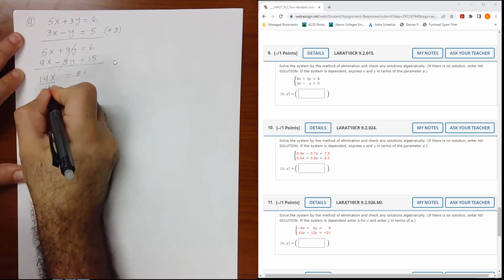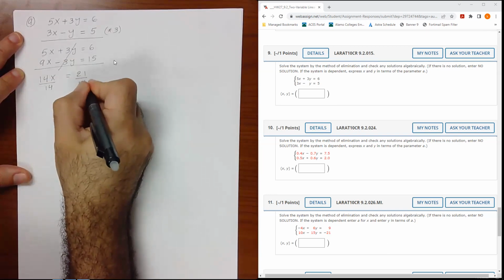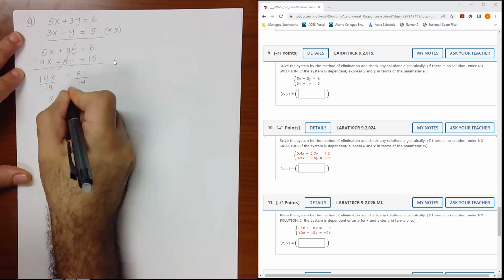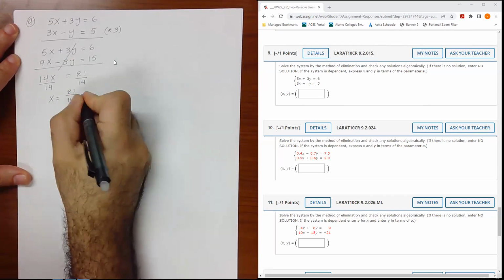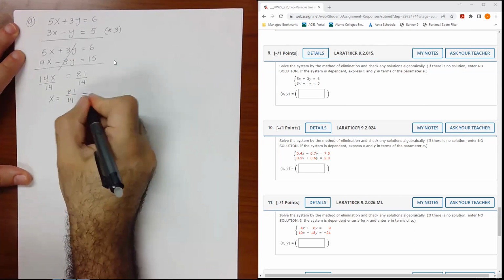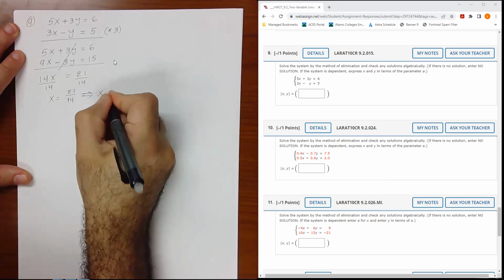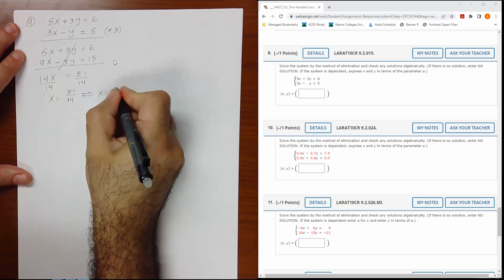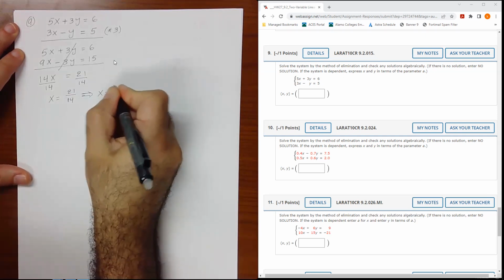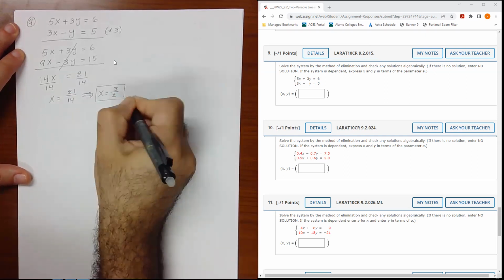Then divide both sides by 14. So x is going to be 21 over 14. Now simplify this one. That means x is going to be divided both by 7, so it's going to be 3 over 2. This is the value of x.